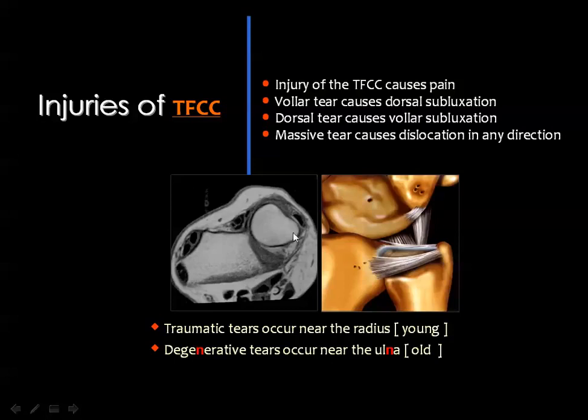And here you can see that there is abnormal relation between the head of the ulna and the radius with disruption of the radioulnar joint. And you should remember that traumatic tears of the triangular fibrocartilage usually occur near the radius in younger patients, while degenerative tears usually occur near the ulna in old patients.